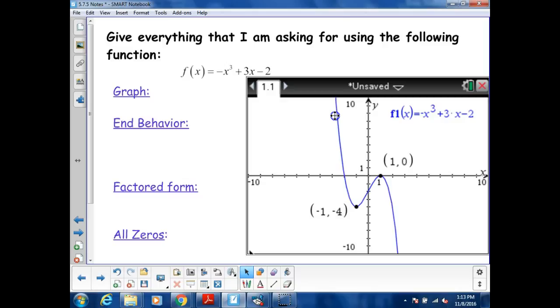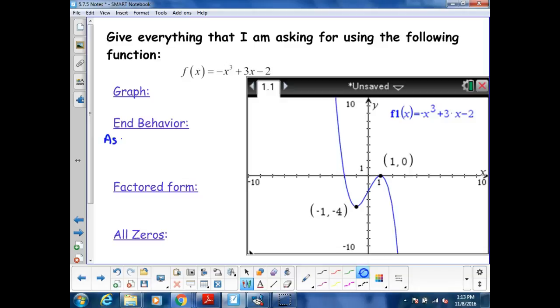We knew that it was going to be going in opposite directions because the degree was odd. So we knew that the ends were going to go in opposite directions. Lead coefficient of -1 tells me that as I'm going to the right, it's going to go down. Fantastic. Okay? So let's do a little end behavior here now.